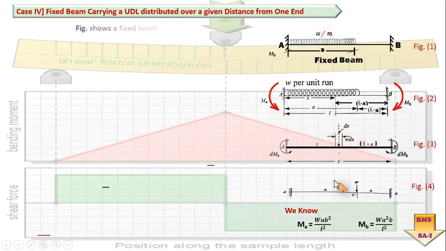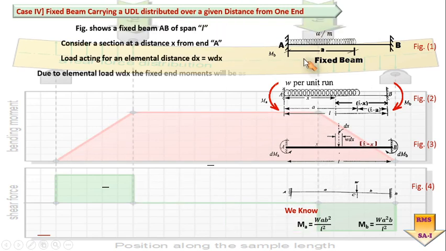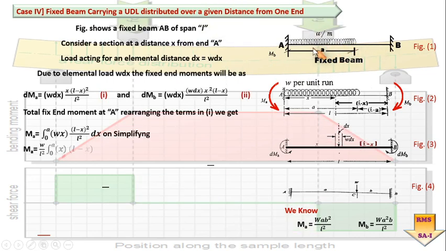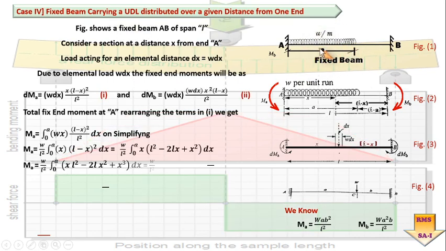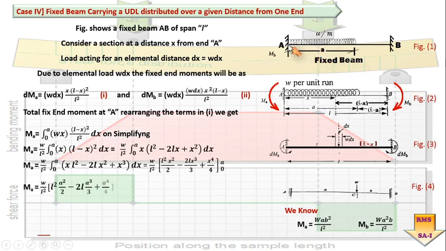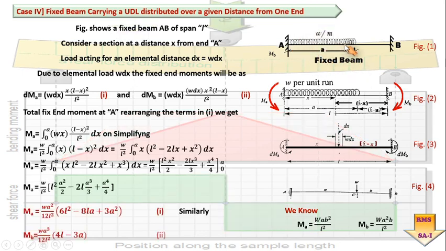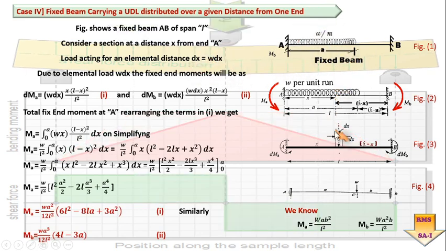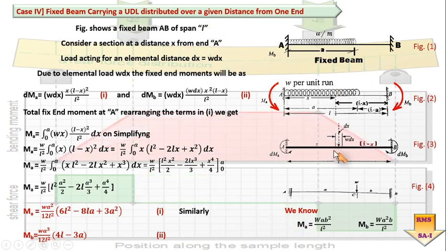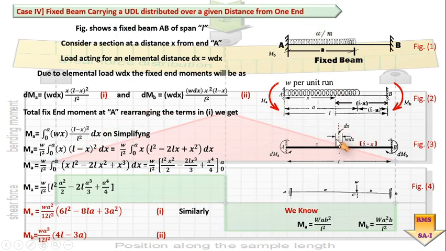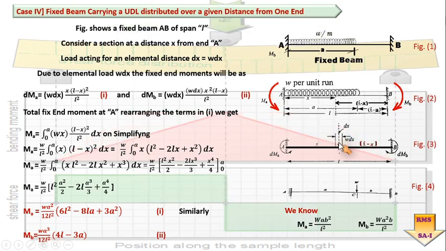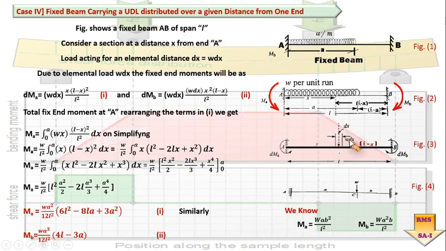So moving ahead, we can see here in figure number 1 a basic problem figure, that is case 4 of a fixed beam with the imposed load of w per meter up to a distance of a. We know that if I consider an elemental strip at a distance of x, that x is the point of application of the equivalent point load w dx.